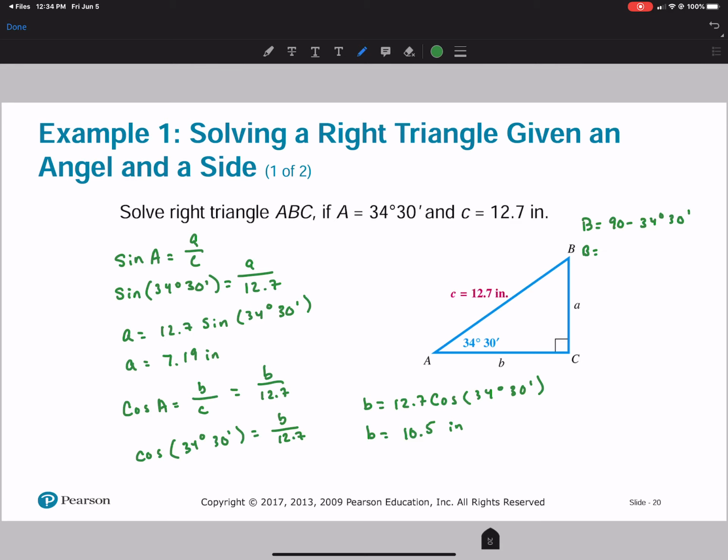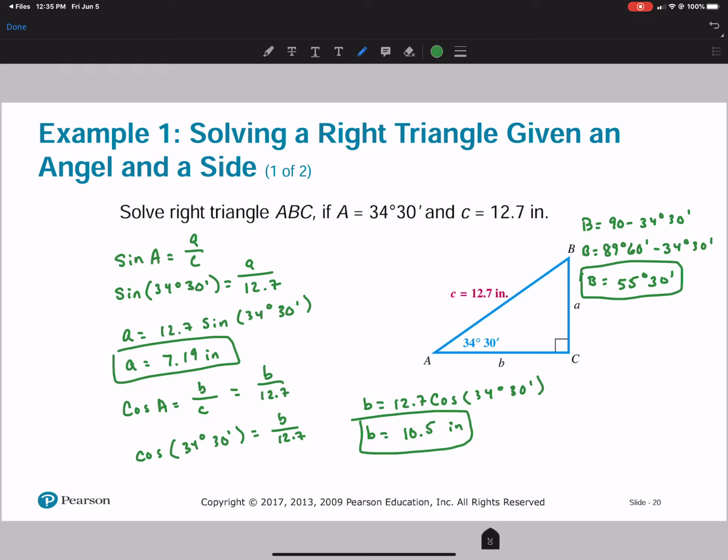Remember, you can rewrite 90 degrees as 89 degrees and 60 minutes, so you can easily do the subtraction. So B is equal to 55 degrees 30 minutes. These are all the unknowns that we needed. And if you notice, all of them have three significant digits. So keep that in mind.